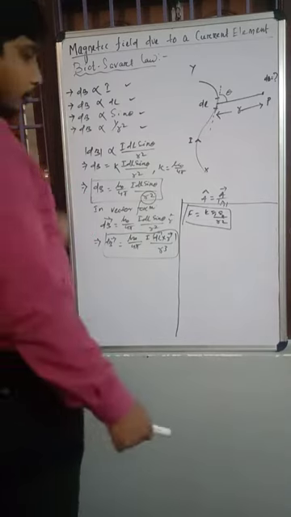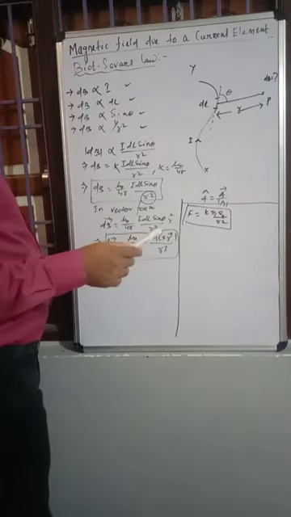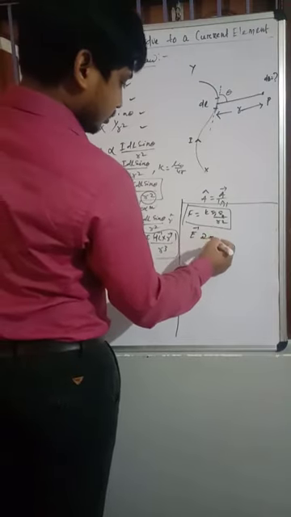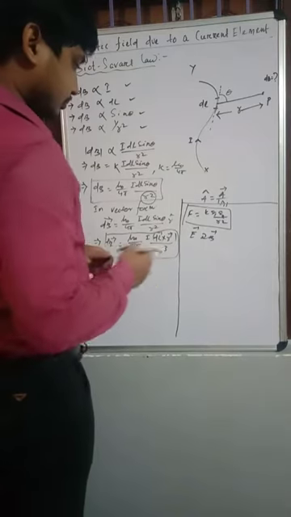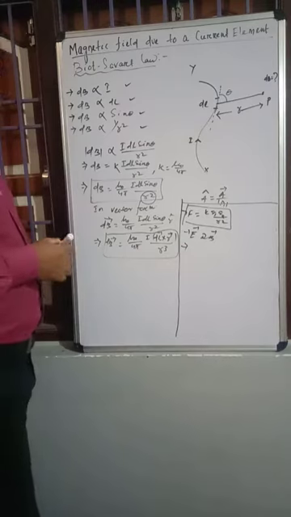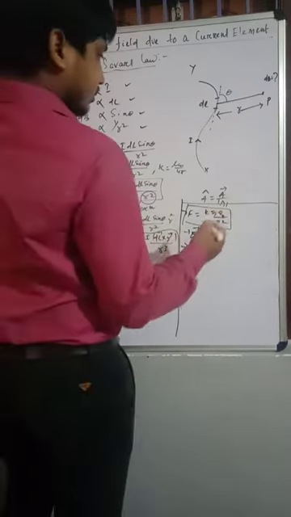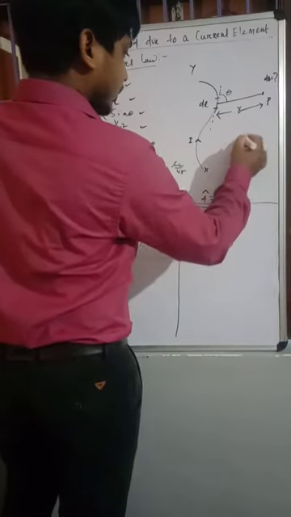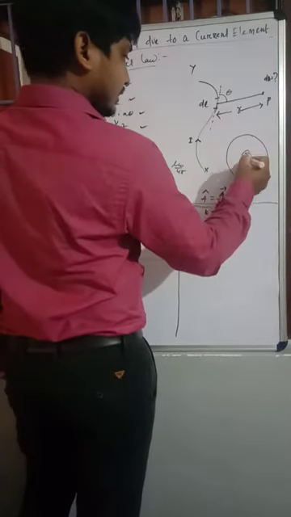Then coming to another one, you can see that both this electric field and the magnetic field, both E and B, are vector fields. Both are vectors. Then a very important one: in case of an electric field, whenever a charge is there, it will produce an electric field around it. And we know that the charge is a scalar one.